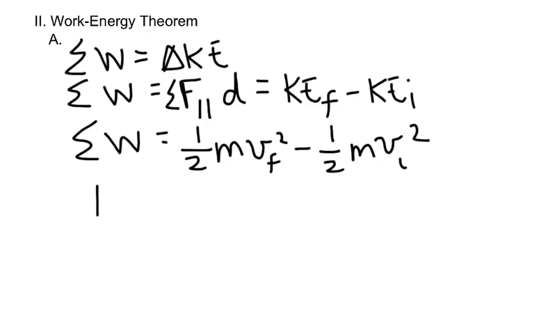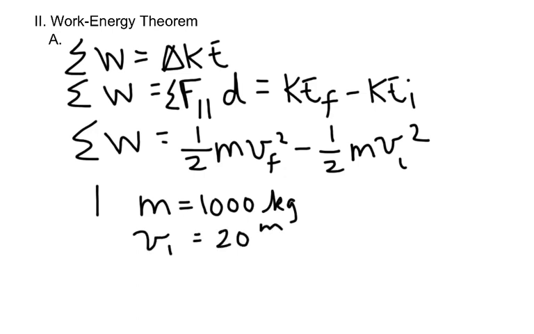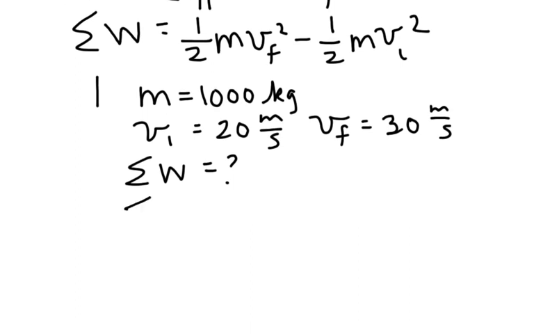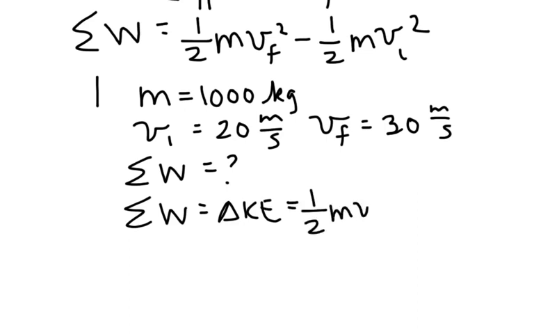Okay, let's do an example. Let's say we have some sort of vehicle that has a mass of 1,000 kilograms. It has some initial speed of 20 meters per second, and it increases its speed to 30 meters per second. What was the net work done for this to happen? Well, we know the formula for this net work is just going to be the change in kinetic energy, which is going to be 1/2 mv final squared minus 1/2 mv initial squared.